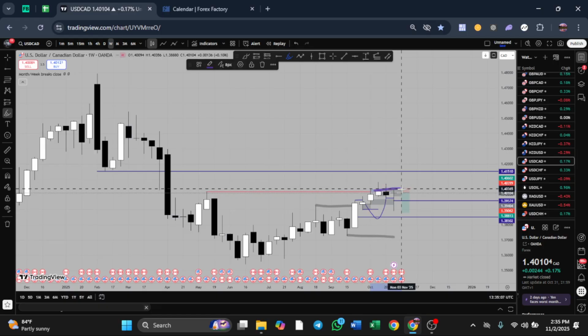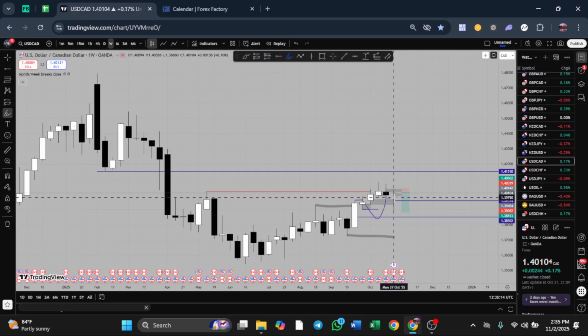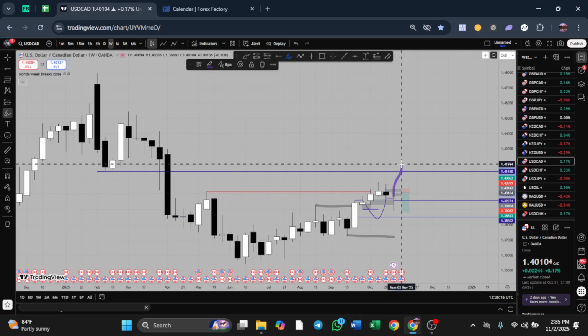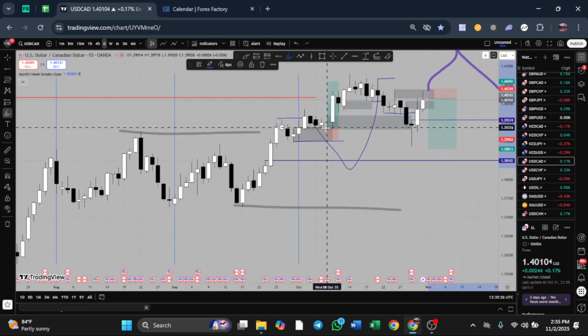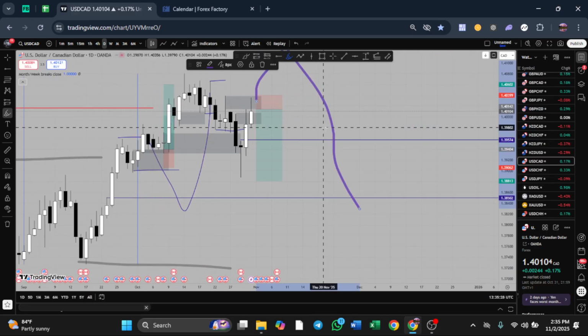So if we continue, it will be deeper. But this is our other zone, so possibly we could see a push here before we see this deeper retracement. And the CAD is kind of strong, so I wouldn't bother too much.